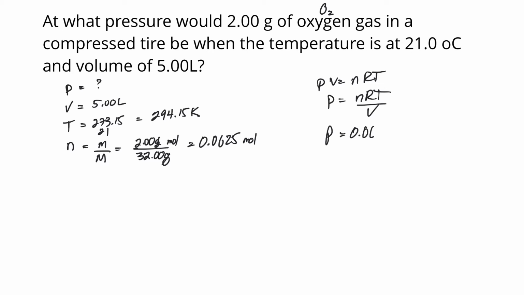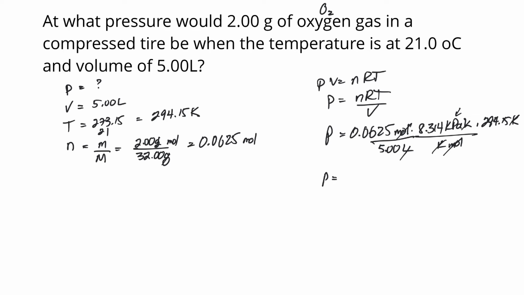Moles, 0.0625 moles. Universal gas constant, 8.314 kilopascal liters per Kelvin mole. What do we need? Temperature, 294.15 Kelvin, and the volume is 5 liters. Okay, moles cancel, liters cancel, Kelvins cancel, left with kilopascals.